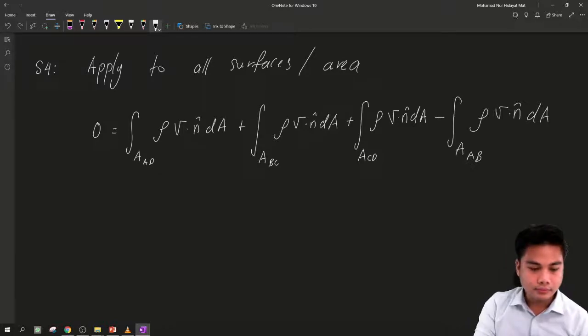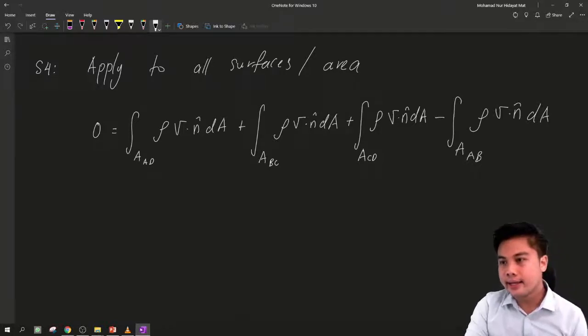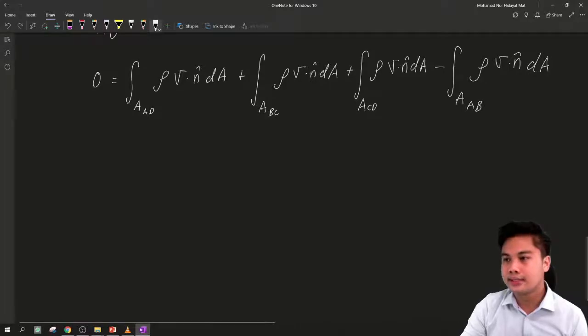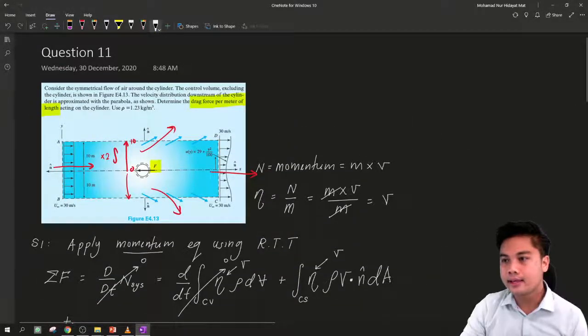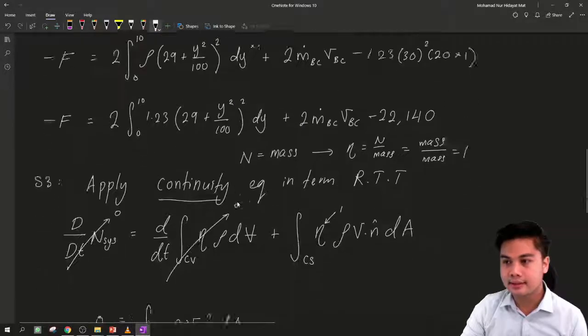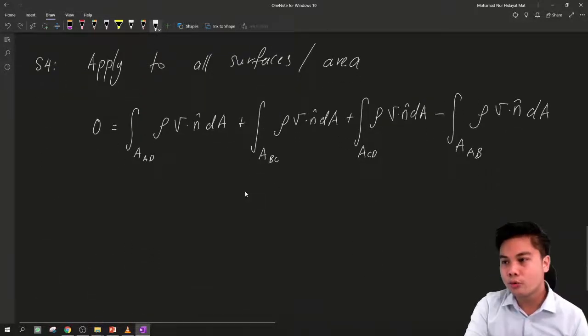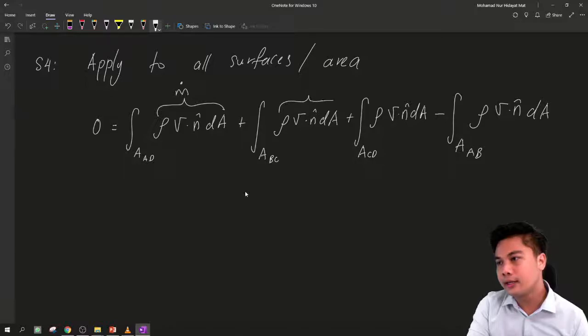So for this case, AD and BC are symmetrical. And we know that rho V A, this is rho V and A, this term is equal to mass flow rate. Because n is the unit vector, rho V A is mass flow rate. Mass flow rate of AD is equal to BC.